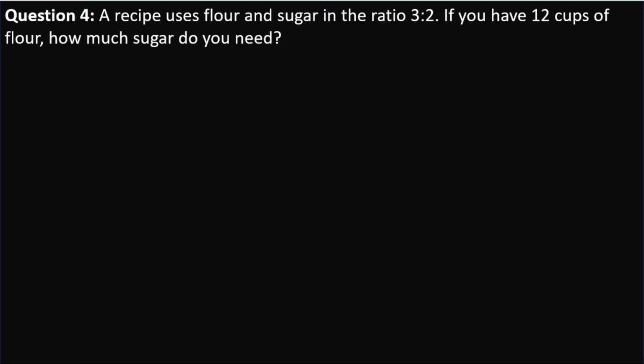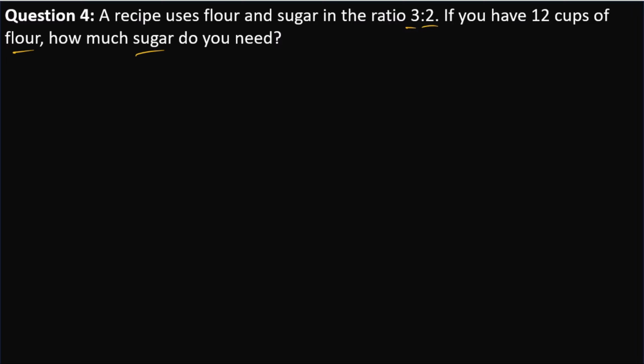So here today our fourth problem is: a recipe uses flour and sugar in the ratio 3:2. If you have 12 cups of flour, how much sugar do you need? So here 3 is the ratio for flour and 2 is the ratio for sugar.